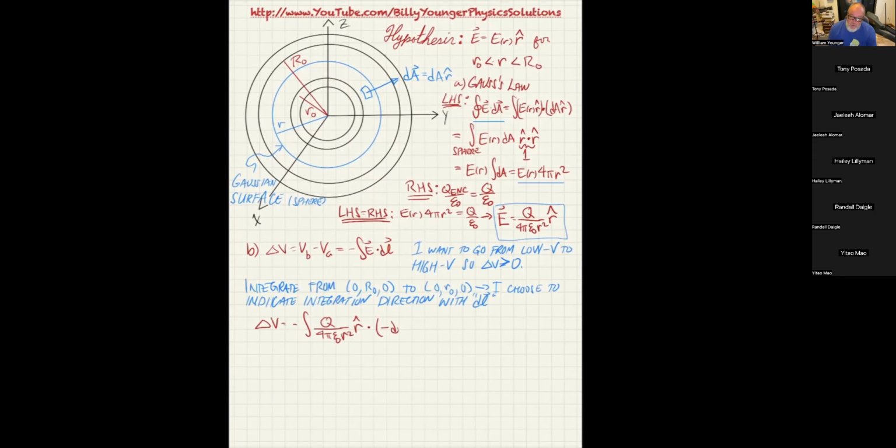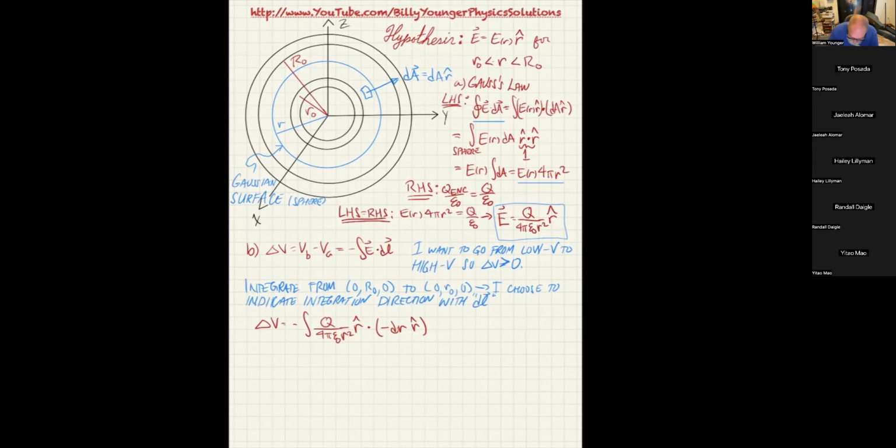Now I am going along the y-axis, but be advised that's the same thing as the radial direction if you happen to go along the y-axis. So I'm going to call this dr r hat, and the negative shows that we're going in the negative r direction, which is basically the same as the negative y direction. Now I could have changed r to actual y since I was dealing with that, and then I would just say negative dy j hat. That would work as well, but I'm trying to stick to the coordinates that we're used to.